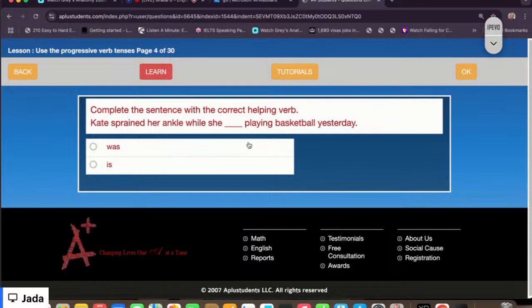Kate sprained her ankle while she dash playing basketball yesterday. Was or is?